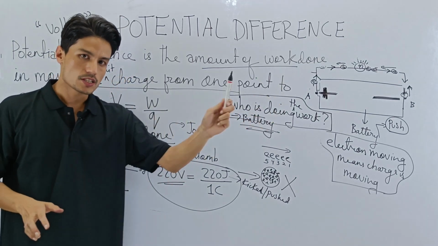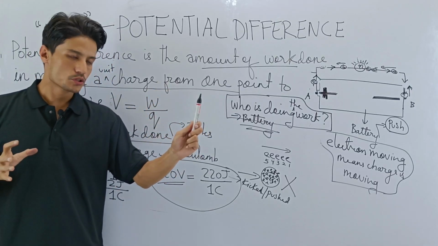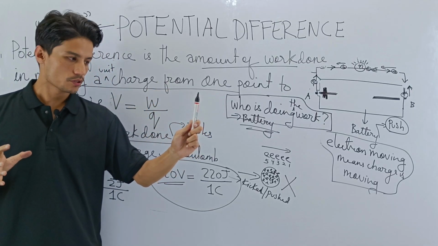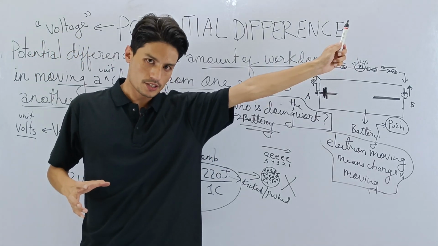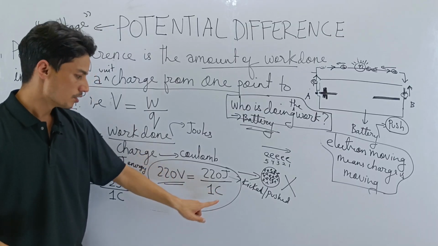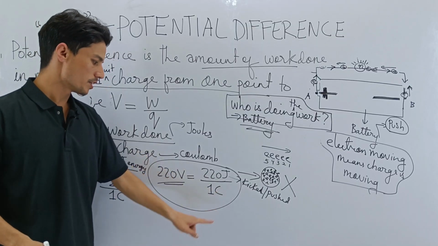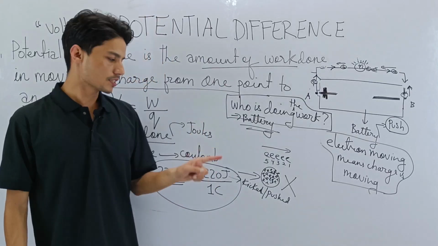Why? Because the amount of energy used to push this is tremendous, isn't it? 220 joules of energy is being used. So here the strength is that of a kick, so it will go very fast. Yes or no? So 220 joules of energy is used to push 1 coulomb of charge.